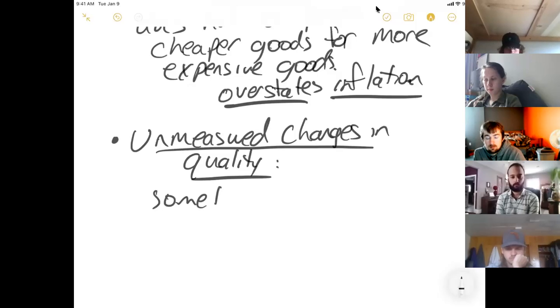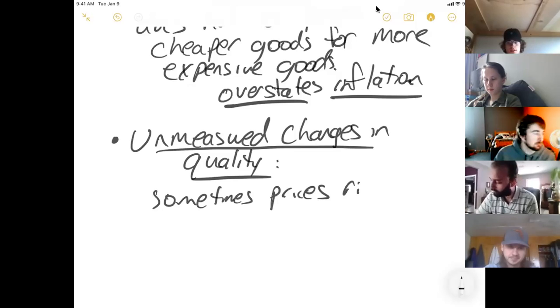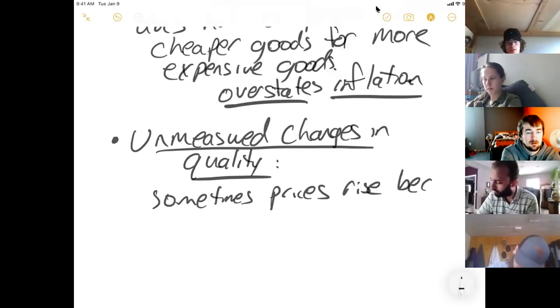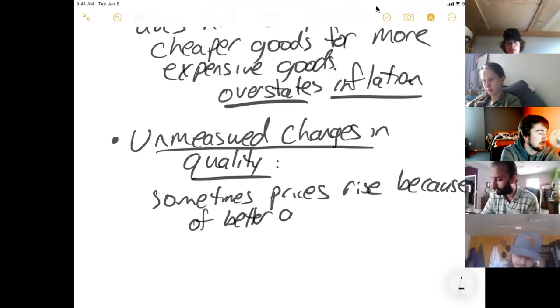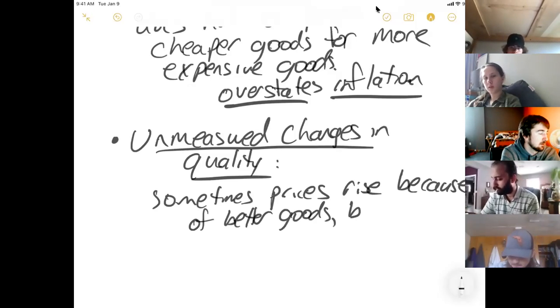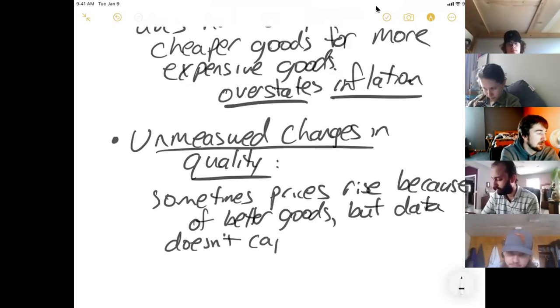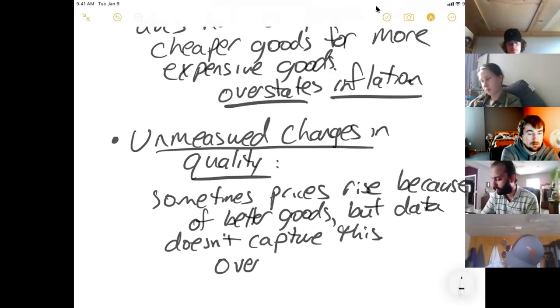So sometimes prices rise because of better goods, but our data doesn't capture this. As a result, once again, we tend to overstate inflation.